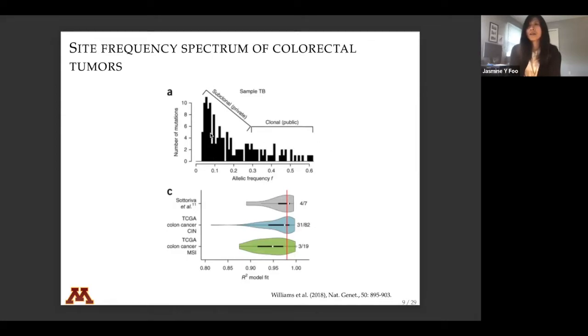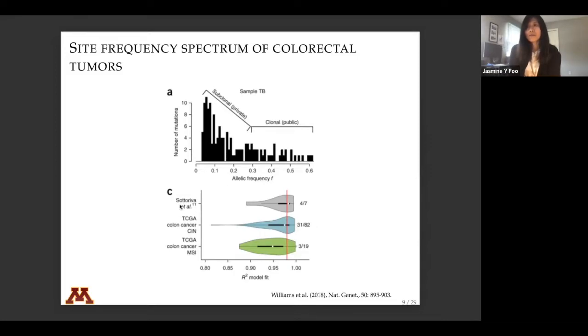At the same time, they consider the SFS only in the regions above 0.12 allelic frequency, citing detection limitations as well. So in practice, for their neutrality test, they consider the shape of the SFS in the region from 0.12 to 0.25 allelic frequency, and then compared this to the 1 over j squared law.